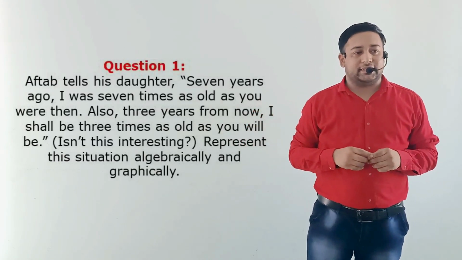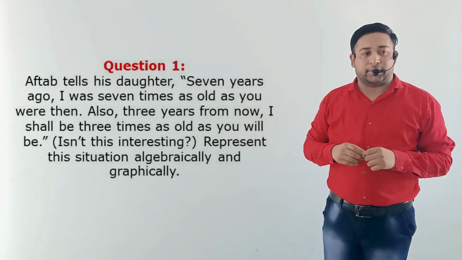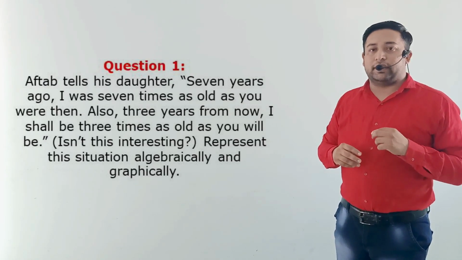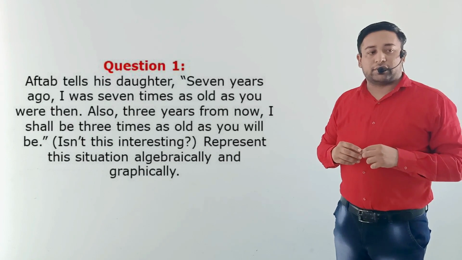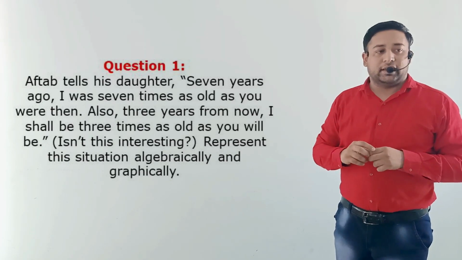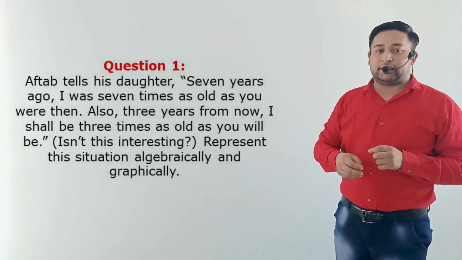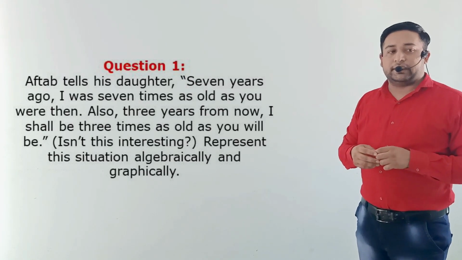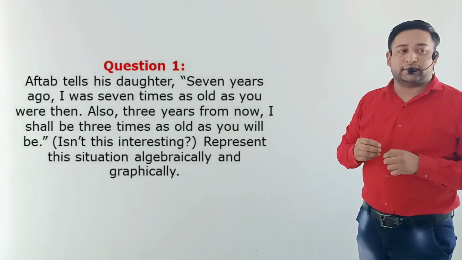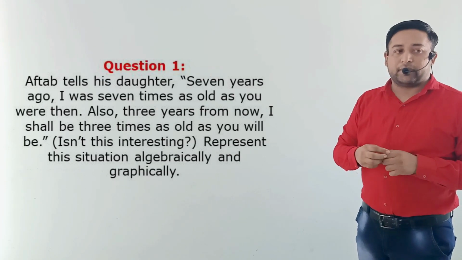So let's start with question number 1, which says: Aftab tells his daughter, seven years ago I was 7 times as old as you. This will give us one equation. And also, 3 years from now, I shall be 3 times as old as you will be.